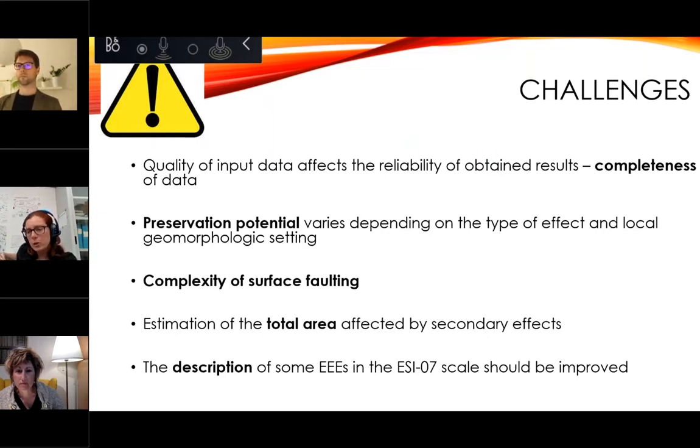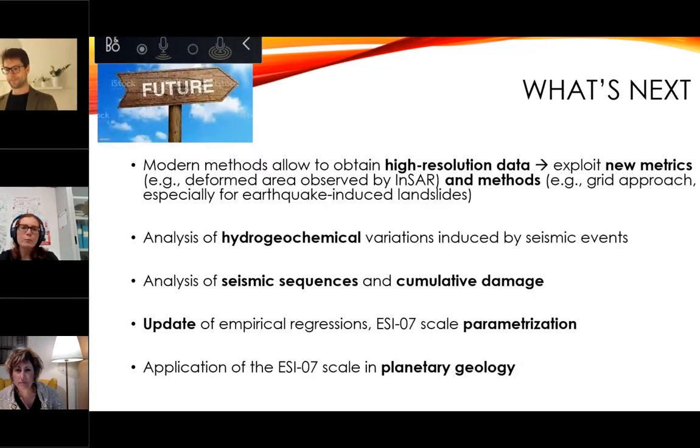And the last point of the slide is that some peculiar effects, for instance in permafrost regions, or some effects in very peculiar local geomorphological settings, have not been described in an adequate way in the guidelines. So maybe some additional description could be worth a try.